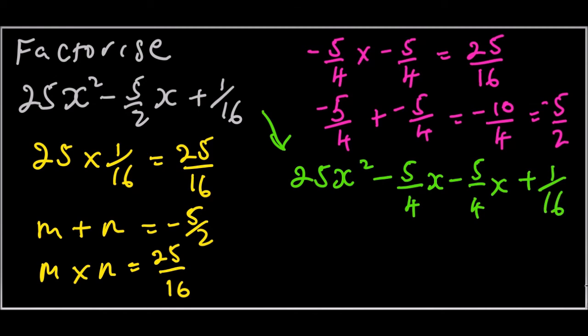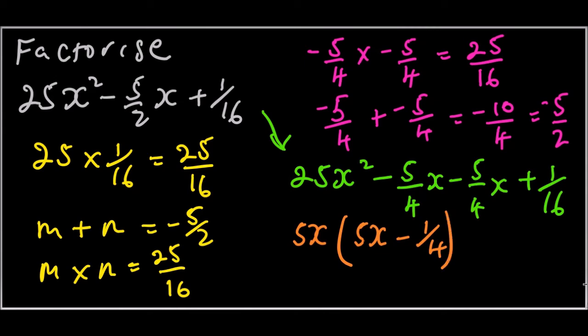Once you write that, you factor out what is common here. We can factor out 5x, so you'll be left with 5x minus 1 over 4.